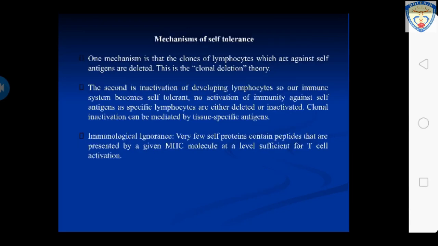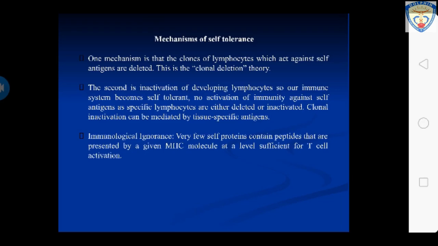Now, there are various mechanisms of self-tolerance. First of all, you should understand what is self-tolerance. Self-tolerance means in the embryonic stage, when our immune system is developing, in that phase only, it is trained to differentiate between our own self-antigens and the foreign or the non-self antigens.